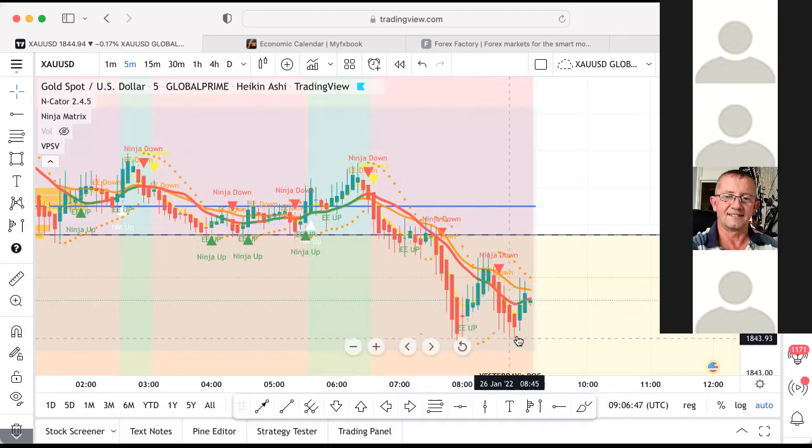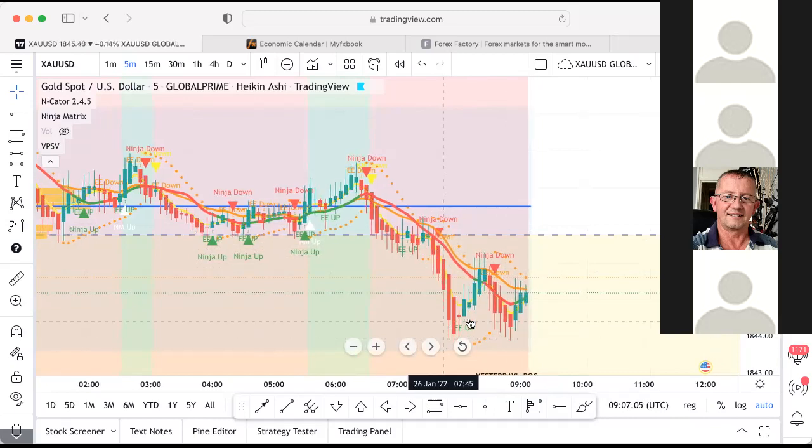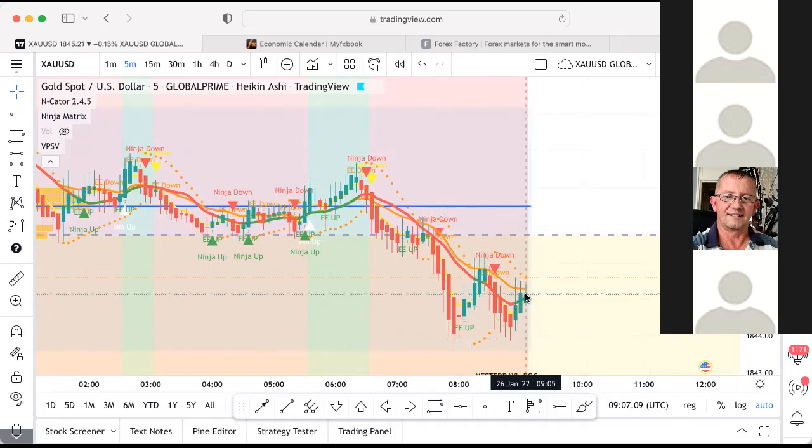Let's say price continues to rise now and the matrix changed to green. You get out at this point here. You actually lost a few pips because you could have been out at that point, or down at this point here. But the theory holds that you still gain pips, from that point down to that point.